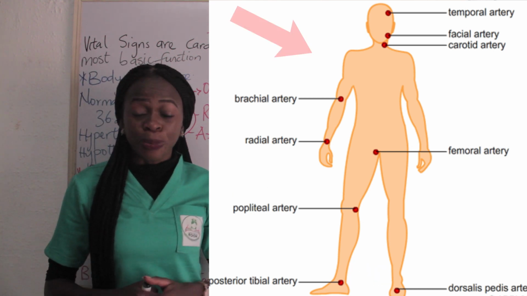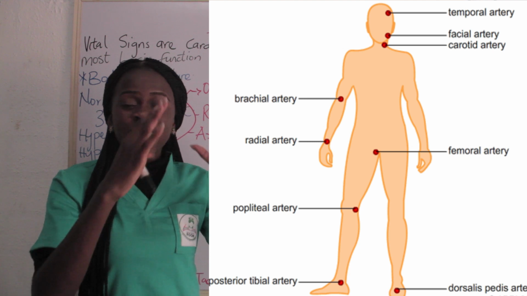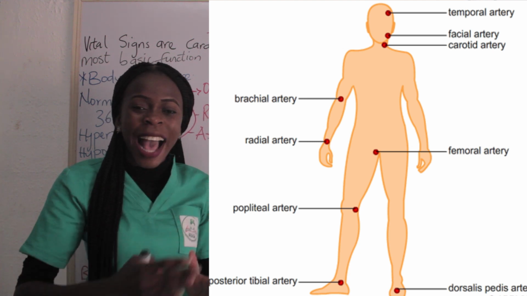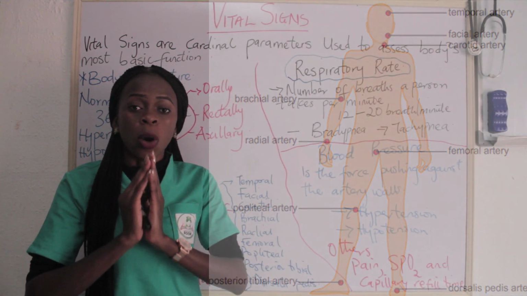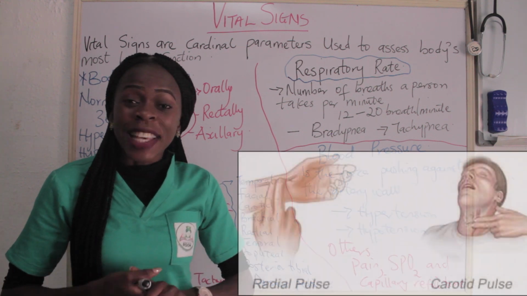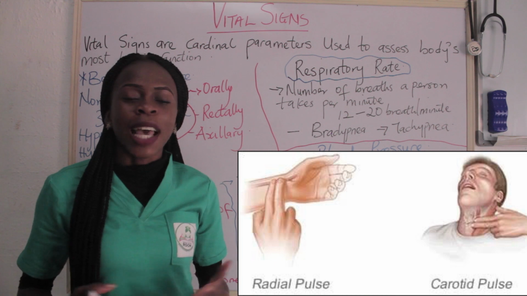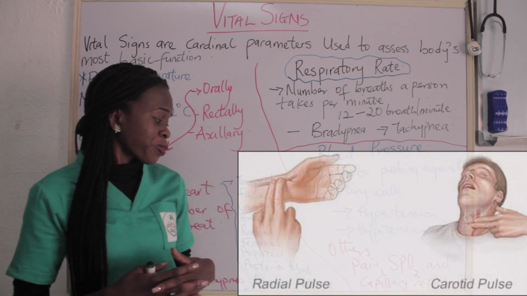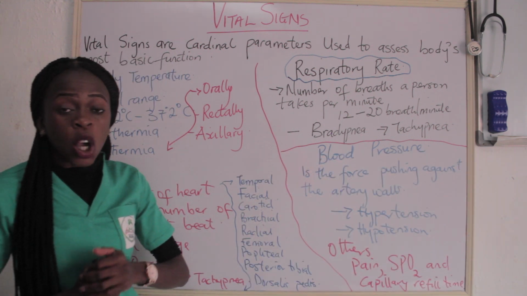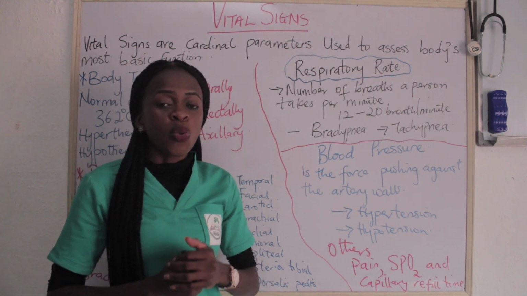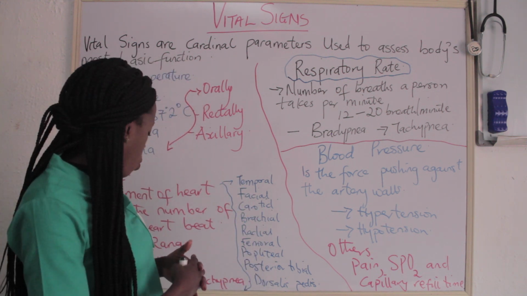The picture showing on the screen kindly help you explain where these arteries are located in the body. But the common one we usually use in a hospital setting is usually the radial artery and sometimes the carotid artery. Then that takes us to the next component of the vital sign, which is the respiratory rate.